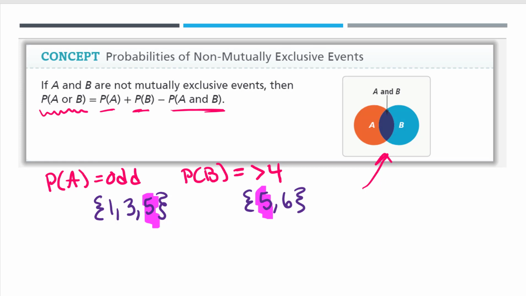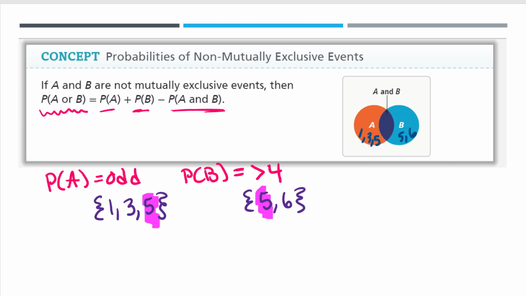So if I was going to put this on my Venn diagram, I would have 1, 3, and 5, and then I would have 5 and 6. Now here's the problem, and so I'm going to fix this in a second. By having the 5 in A and in B, we've actually counted that outcome twice.